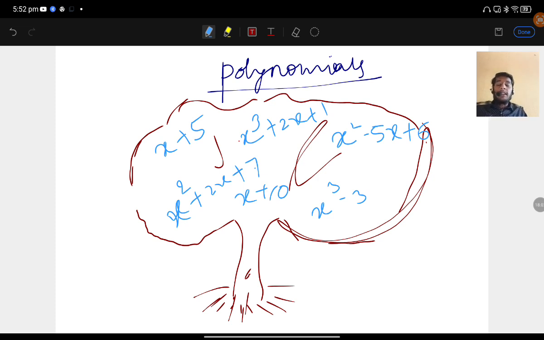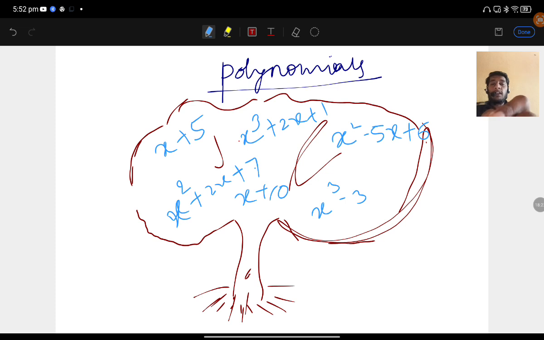So let me tell: x plus 5, x cube plus 2x plus 1, x square minus 5x plus 6. Next will be x cube minus 3, x plus 10, x square plus 2x plus 7. So there are totally 6 examples I mentioned in this tree.